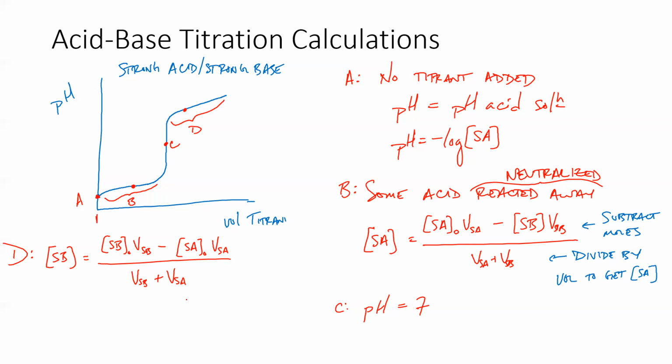And so again, it's moles of base that we started with minus the moles of acid that we reacted away. So that's the leftover moles of strong base divided by the total volume at that point, just to convert those moles to concentration.